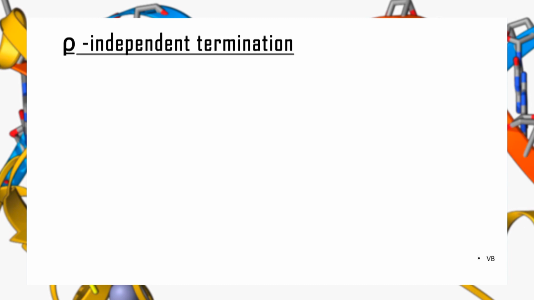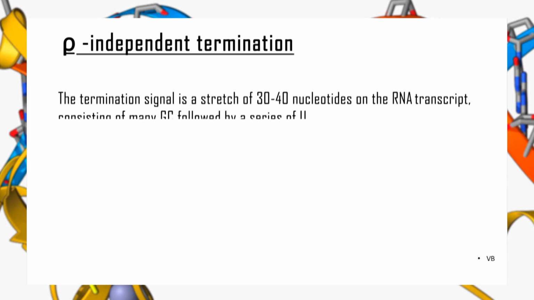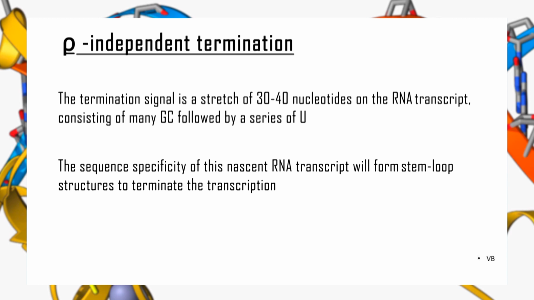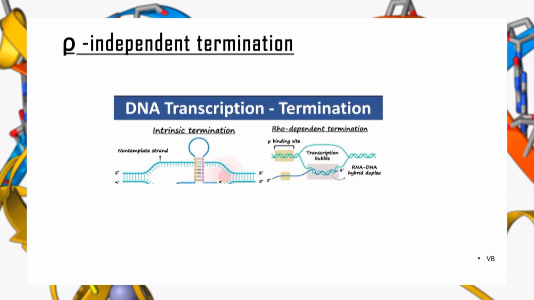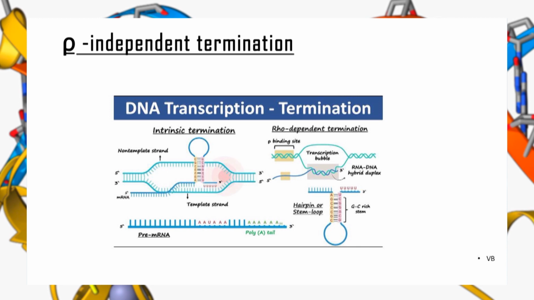Termination function of the rho factor: rho dependent termination. You can see here the rho factor hexamer is an ATPase and helicase. Then the rho independent termination.